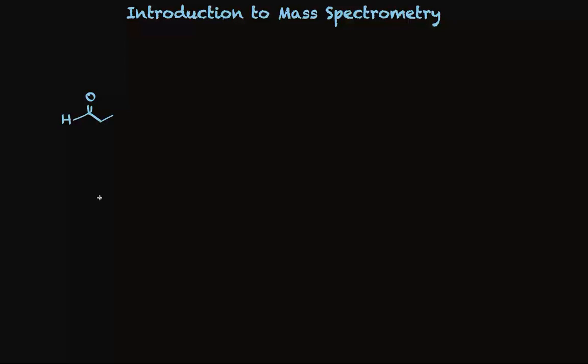Here's another molecule. It has the same molecular weight as the 2-butanone we just looked at. So the mass spectrum would give a molecular ion of 72, the same as 2-butanone.